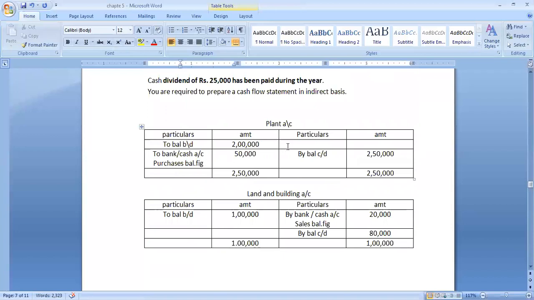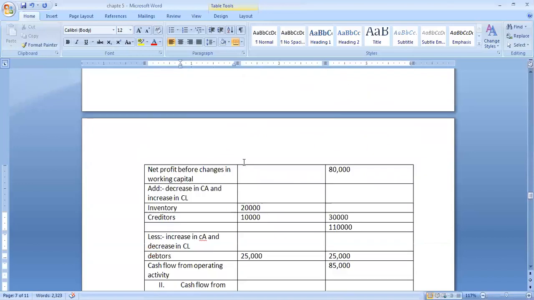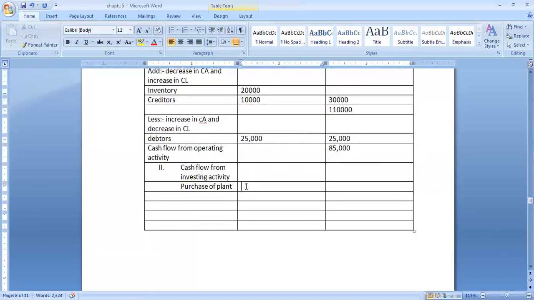So what is the value of plant account purchases that you got? It is 50,000. So make it as purchase of plant as 50,000. Whenever any asset is purchased, there will be an outflow of cash. So any kind of purchases indicating the outflow of cash has to be reduced. So write it in the bracket.